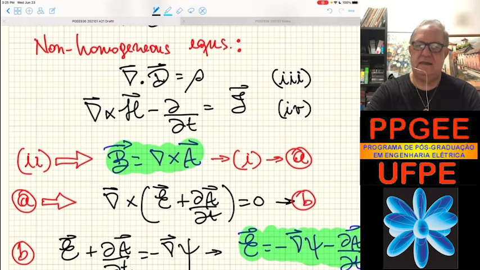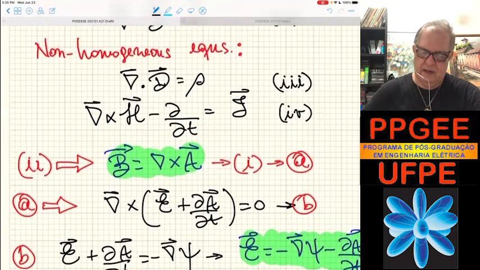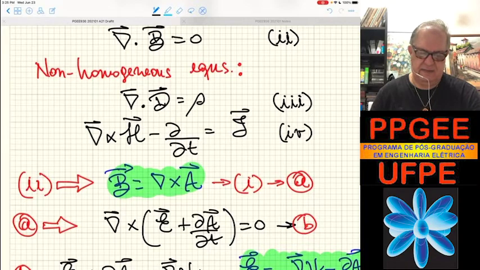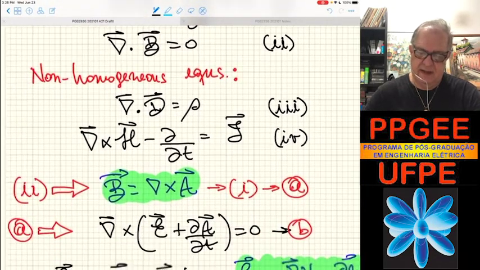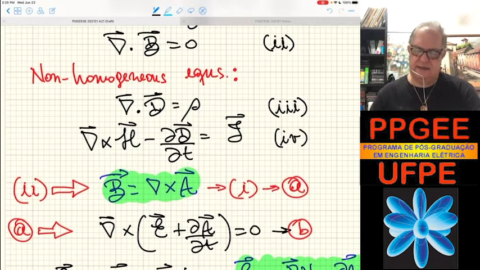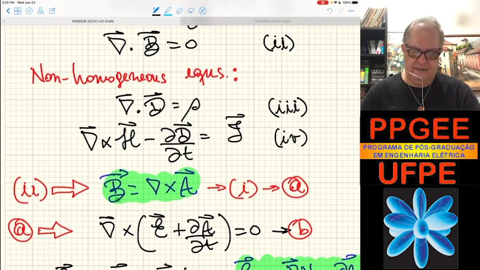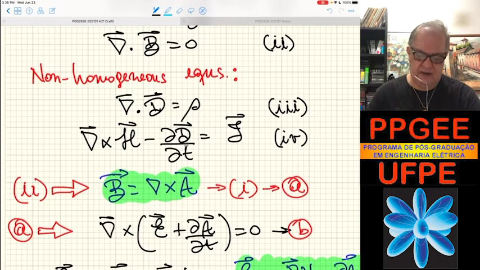Let me put the original equation here. That's the d dt, right? So let's fix that. So that's the generalized Ampere's law in differential form.